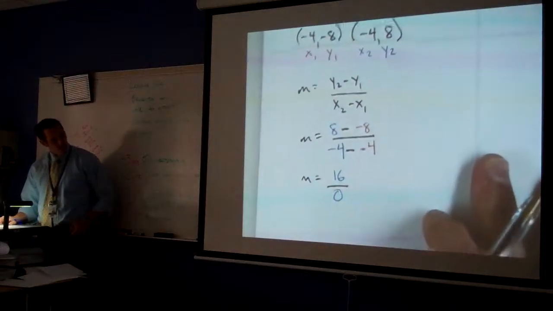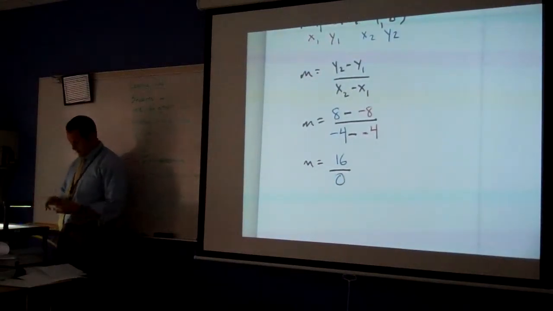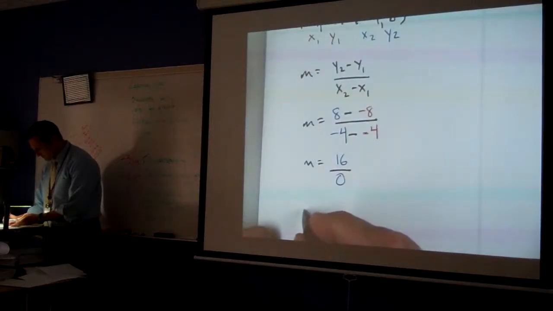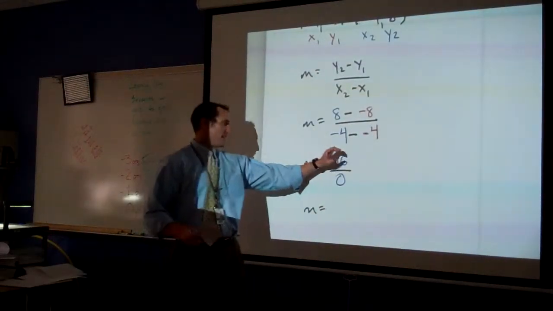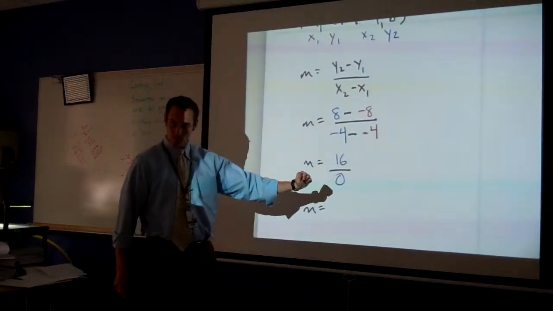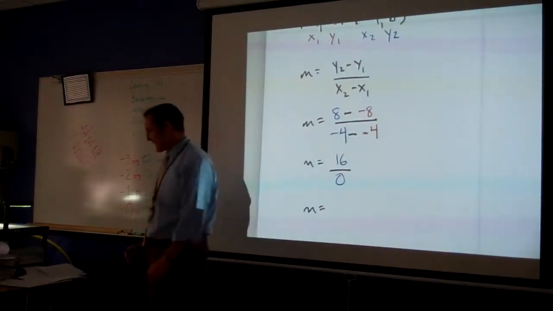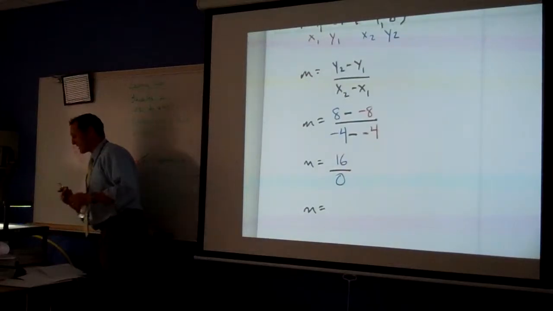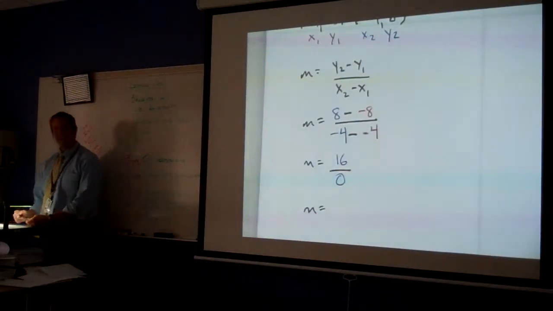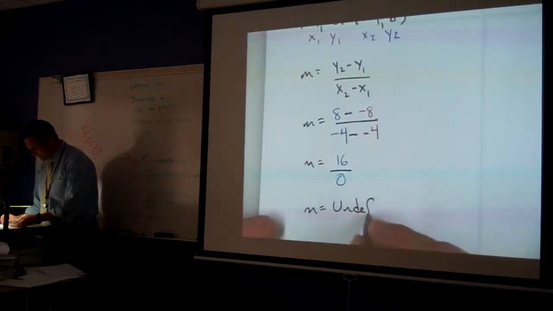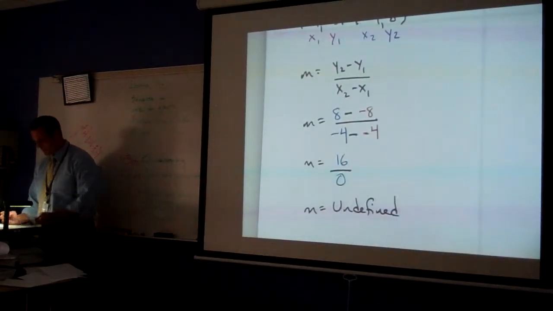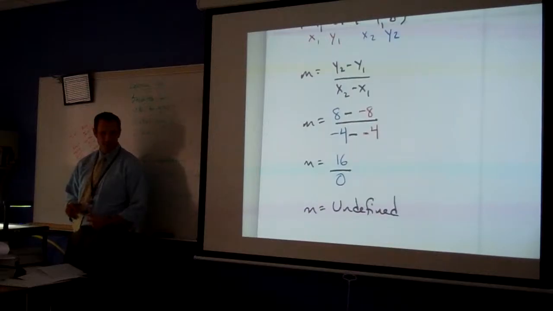So, can we simplify this fraction, 16 over 0? Of course we can. Punch this into your calculator. 16 divided by 0. And what happens? You get that E in your calculator. E for error. And error means this is undefined. You cannot divide by 0. That is an undefined value.